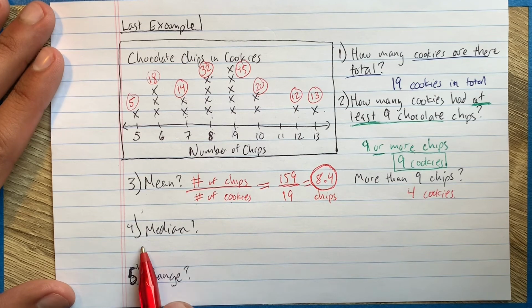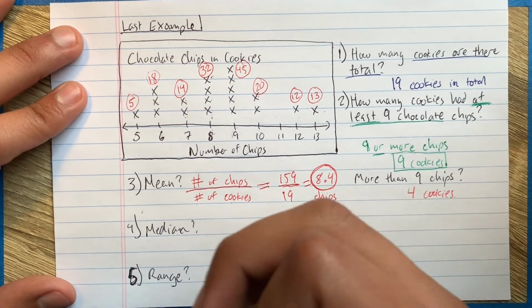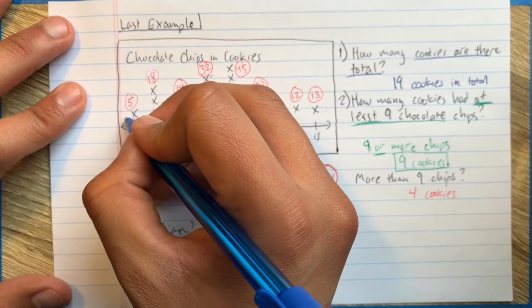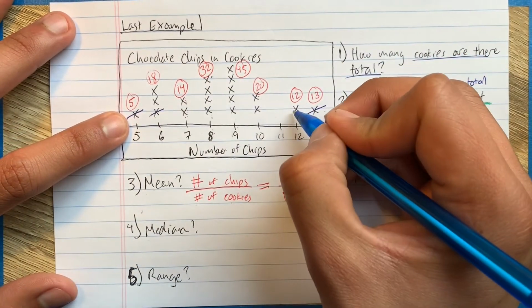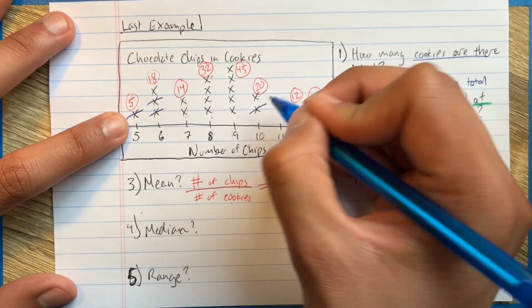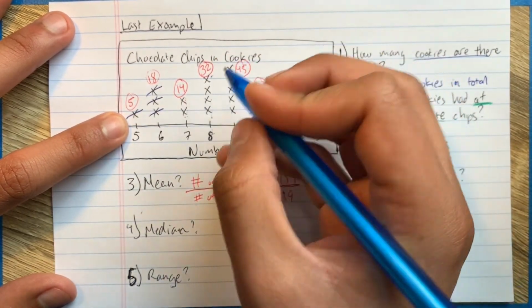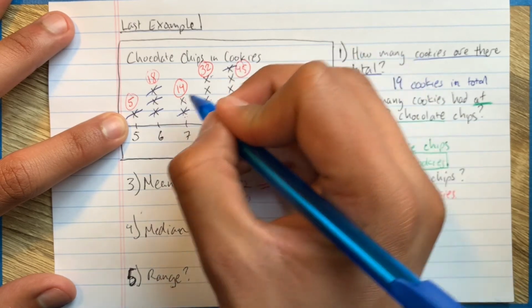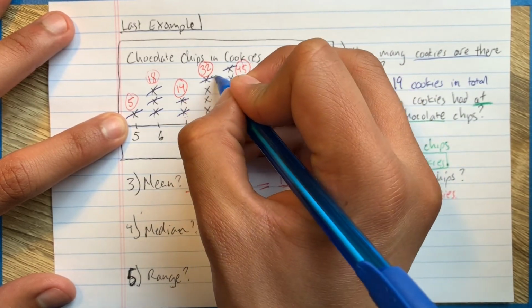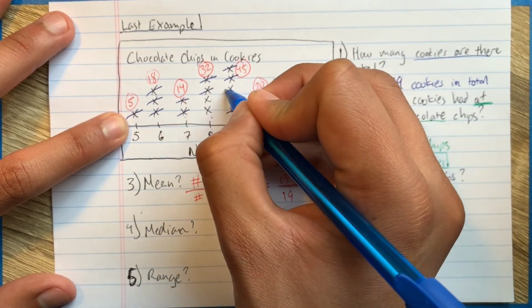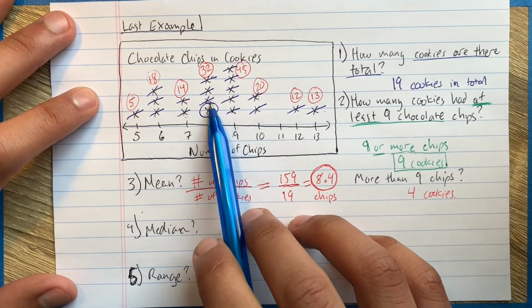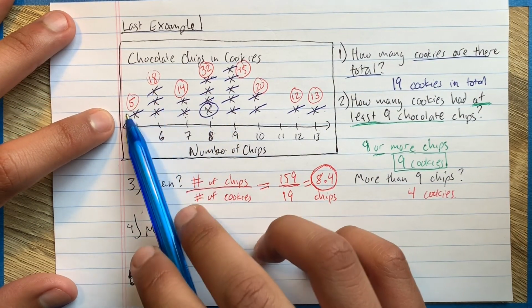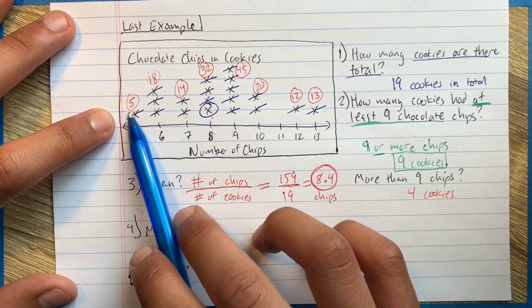We're almost finished. Next, we're going to find the median, and we're going to use the method that I introduced in the last example. So I'm going to start by crossing off the bottom number and the top. Bottom, top, bottom, top. And I'm going to keep going until I find a number that's in the middle. And there it is. Just to be sure, I should have the same number of slashes below and above this 8.